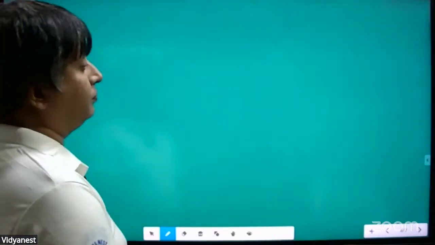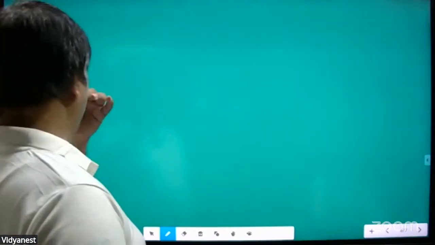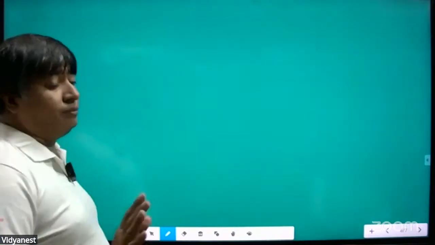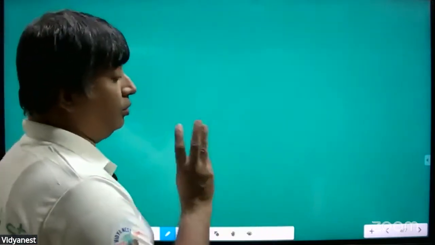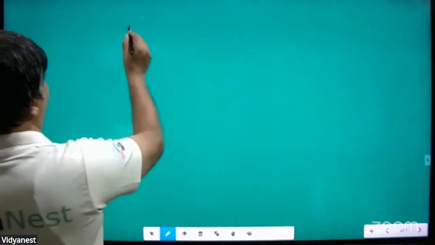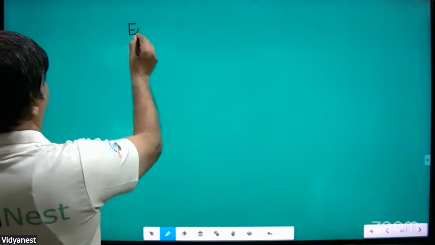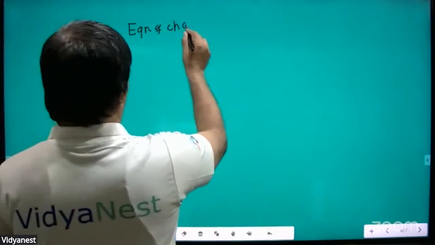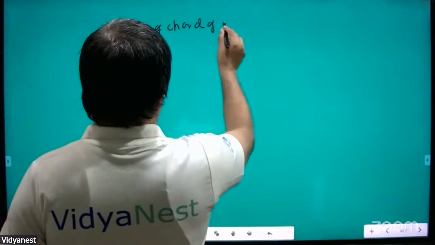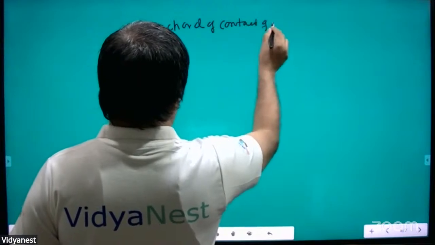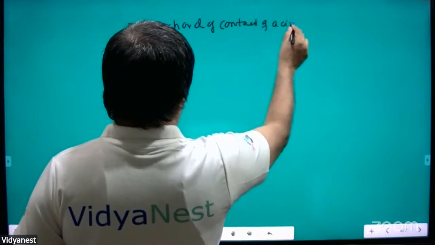Now, director circle we have got. Locus of the midpoint, एक दो चीज अभी अर्जेंट है. एक है chord of contact, equation of chord of contact of a circle.